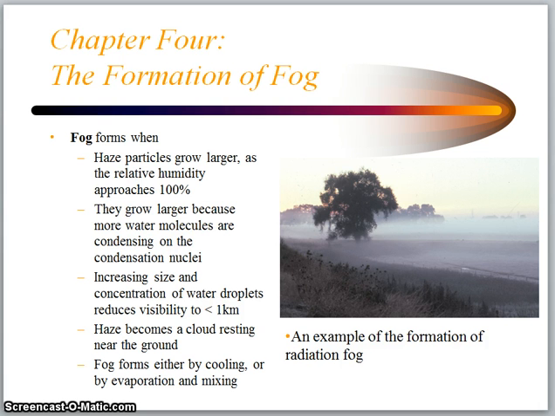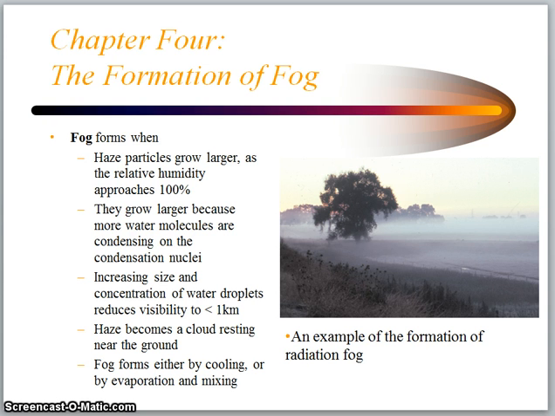And then there's fog, which of course we're quite familiar with here in the wintertime in the valley. Fog forms when those haze particles grow larger as the relative humidity approaches 100%. They grow larger because more water molecules are condensing on the condensation nuclei. The increasing size and concentration of water droplets then reduce the horizontal visibility to less than a kilometer.